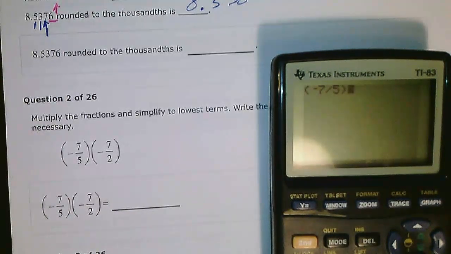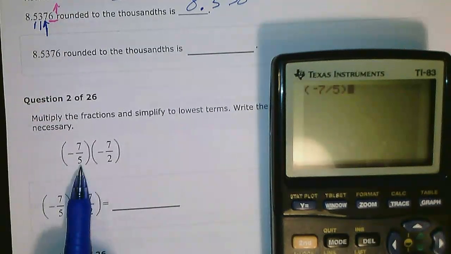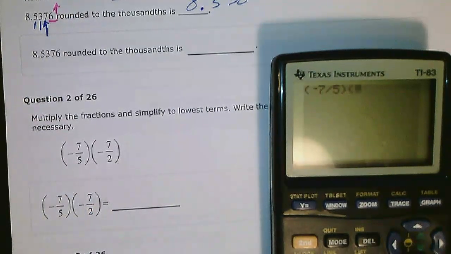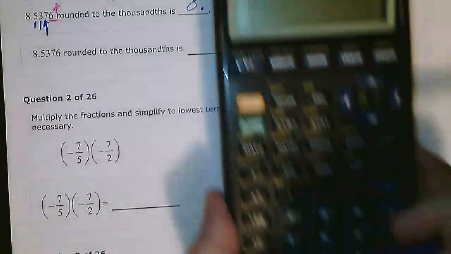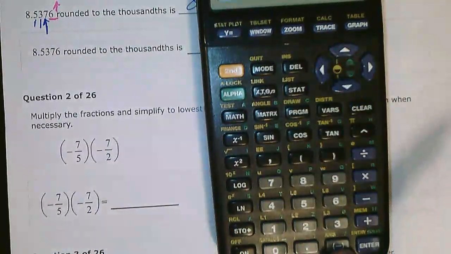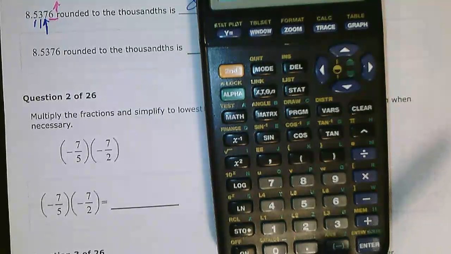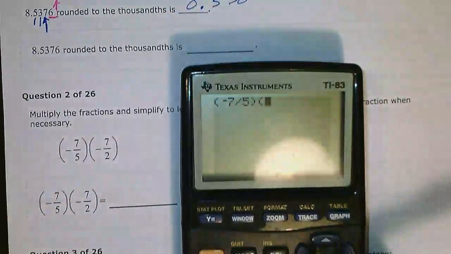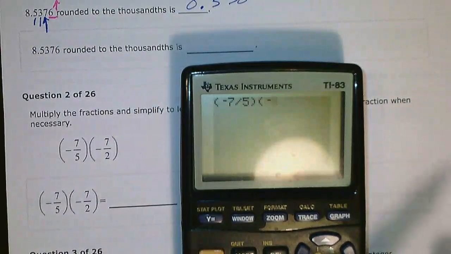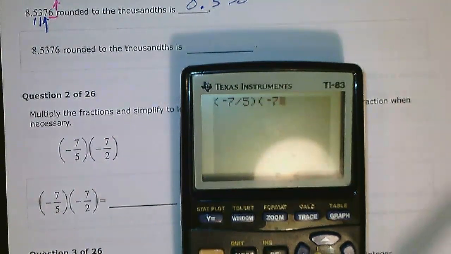in parentheses. So that is negative 7/5 times. And again, I'm using the negative button, not the minus button. We're not subtracting, we are multiplying a negative. So this button right here, for negative 7/2.